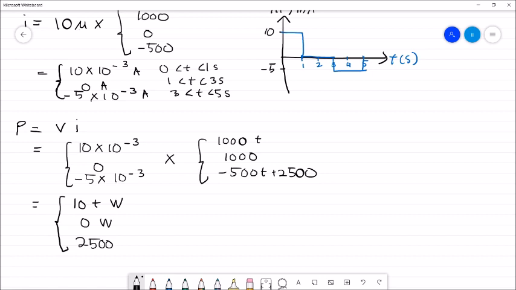Then negative 5 times 10 to the power of negative 3 times 2500 is, you will get a negative 12.5.